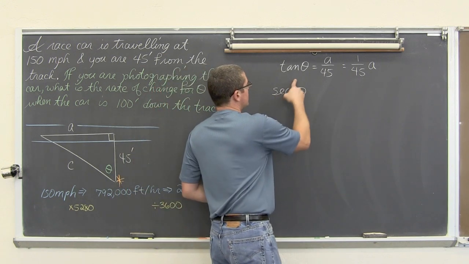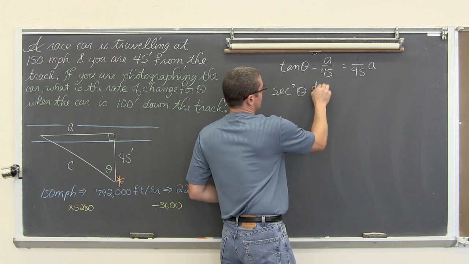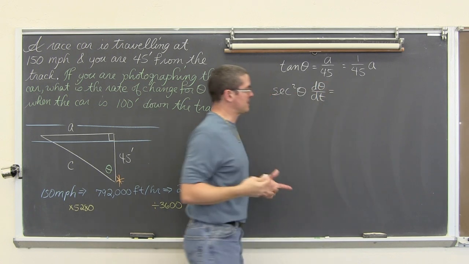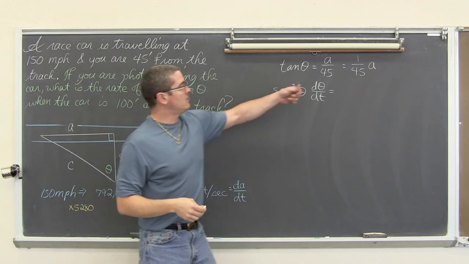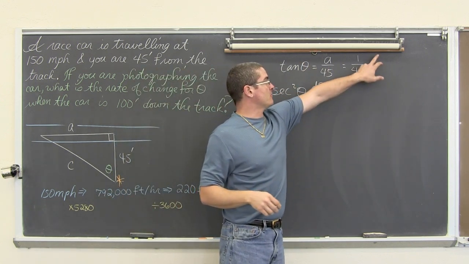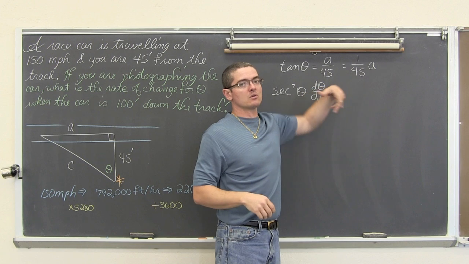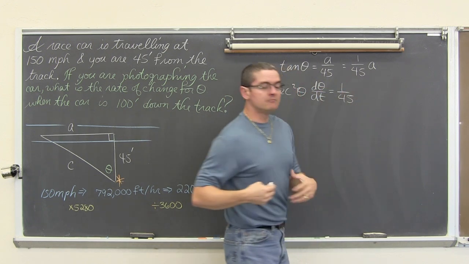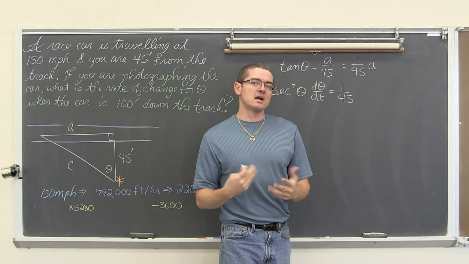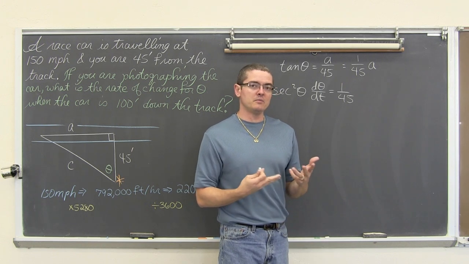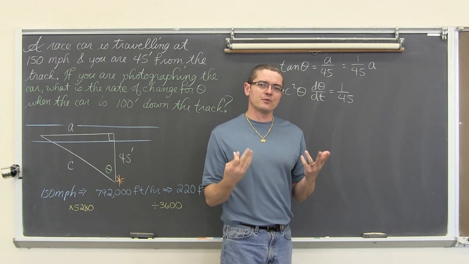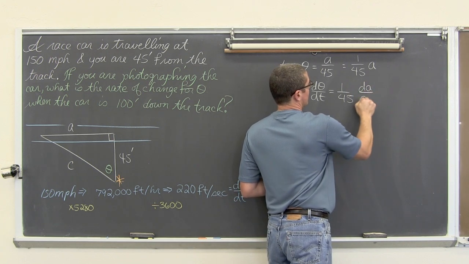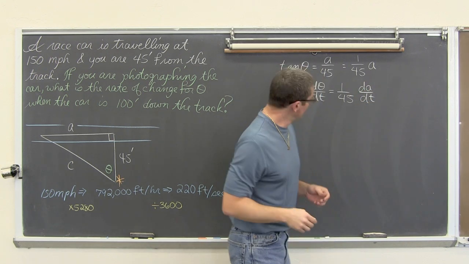So it's going to be secant squared theta times the derivative of theta with respect to time. And now we've got 1 over 45 times a, so we're going to bring that exponent of 1 down. Of course, still going to have 1 over 45. And again, chain rule, so it's not just 1 over 45 like it would be if we were finding the derivative with respect to a, but 1 over 45 dA over dt.